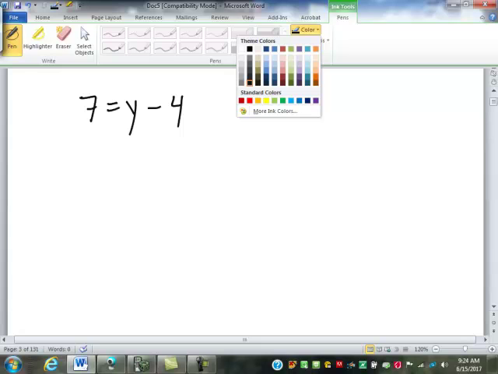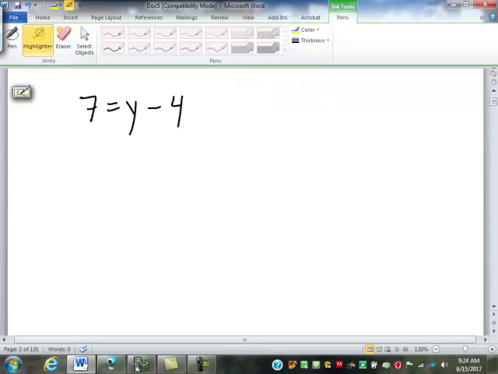To figure out how an equation has been built, first thing we do, find the equal sign. Right there's our equal sign. Next thing we do is we identify which side of the equal sign has the variable. That's this side over here. Now on that side of the equation, we have two questions we need to ask.